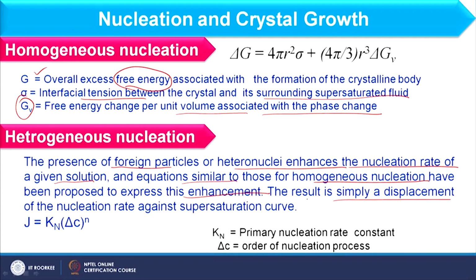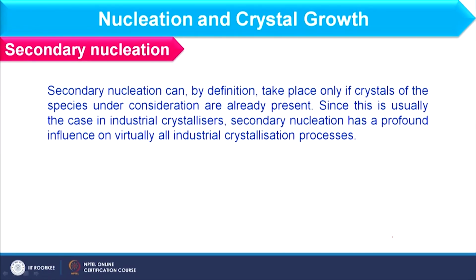The result is simply a displacement of the nucleation rate against the supersaturation curve. Here Kn is the primary nucleation rate constant and n is the order of the nucleation process. In this way you can consider homogeneous and heterogeneous nucleation.